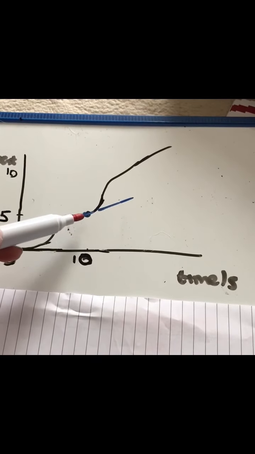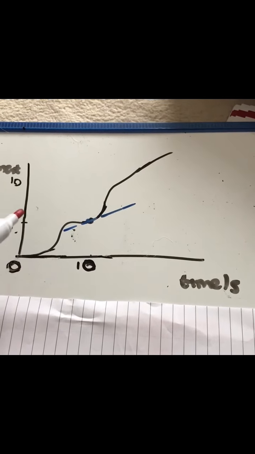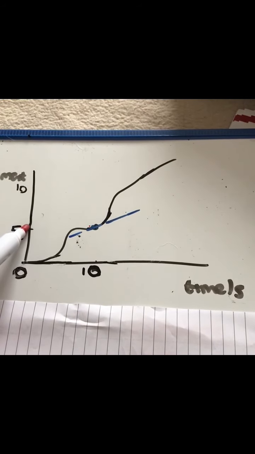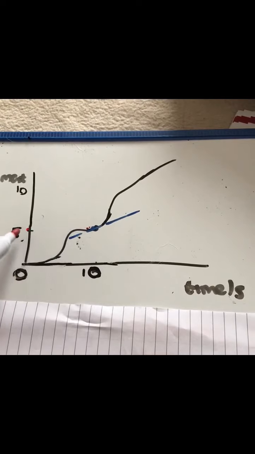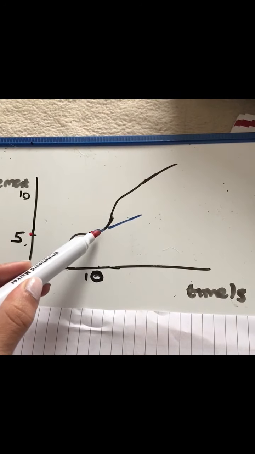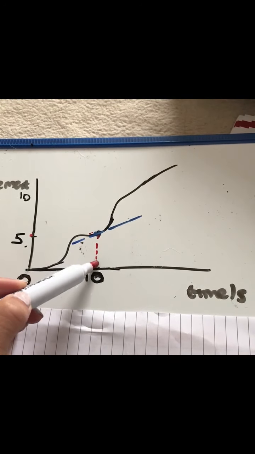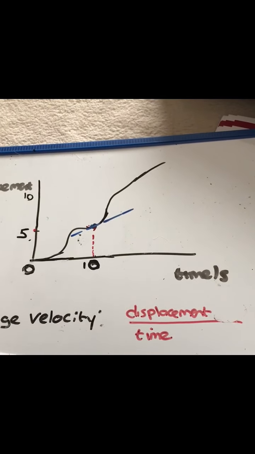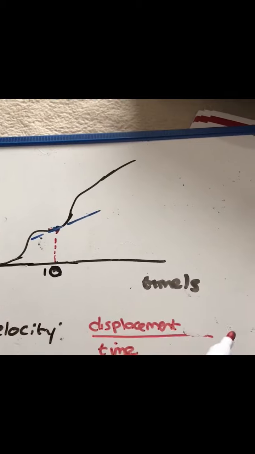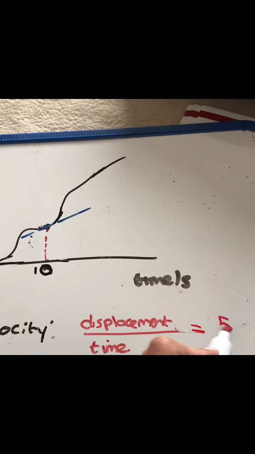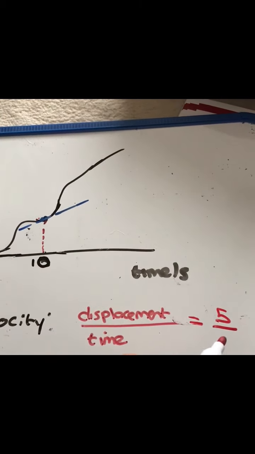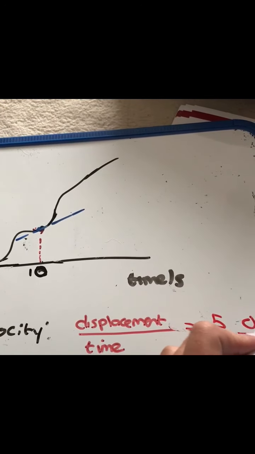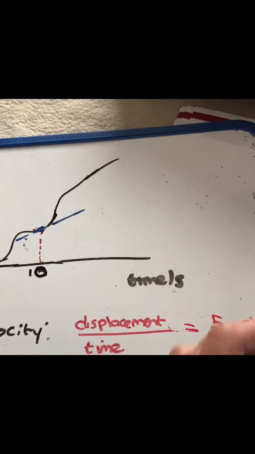So if this was our point that we're wanting to find the velocity at, we just do the value of the displacement at that point, which would be 5, and then divide it by the x value at that point, which is 10. So your average velocity is your displacement at that point, 5, divided by the time at that exact point, 10. So we're getting 0.5 meters per second.